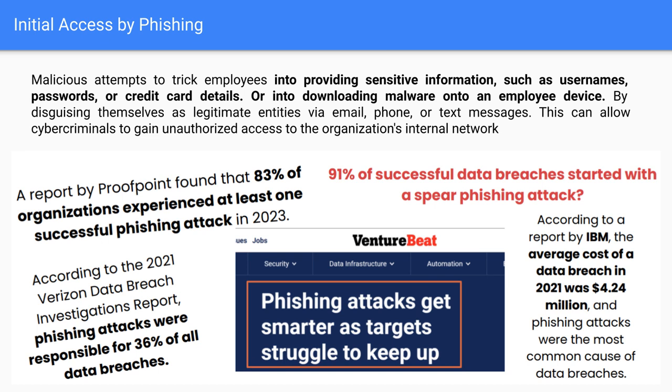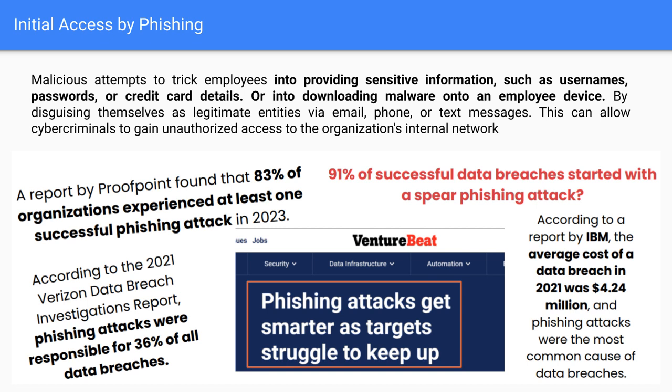So phishing is tricking an employee or a victim by presenting themselves as a legitimate entity via email or via multiple ways, such as phone calls or text messages. But email is the most common way for delivering phishing attempts.